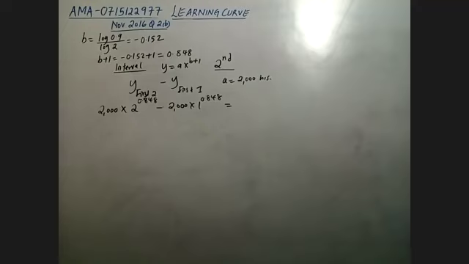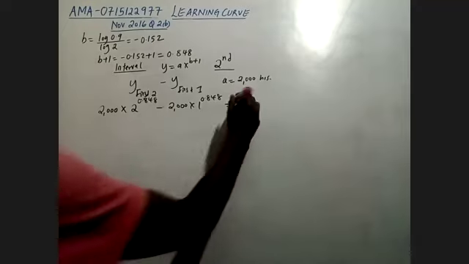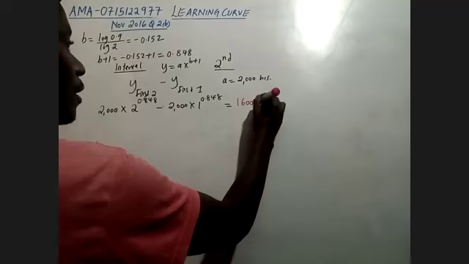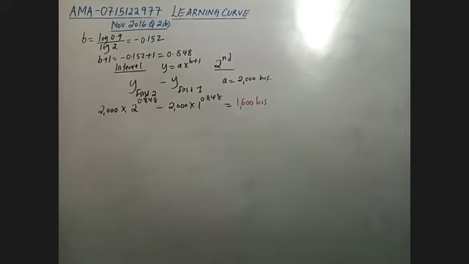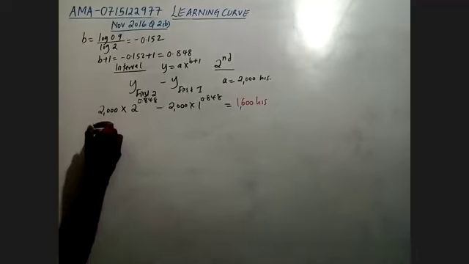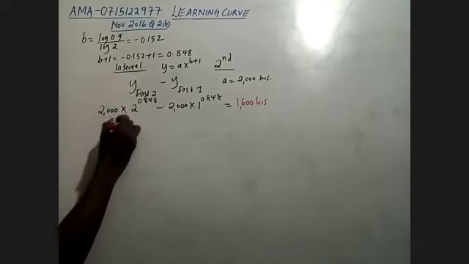Yes, 1,600 hours. I hope everyone is getting 1,600 hours. Now the question required us to find the cost of the second machine. How much will it be? So let us start with the material cost. You need to come up with the cost statement.